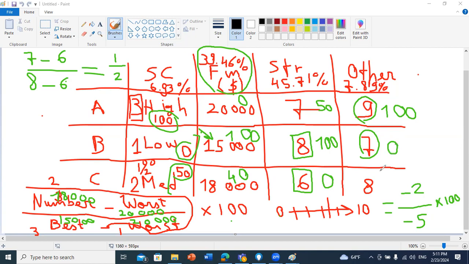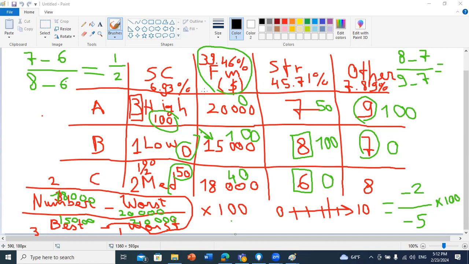And finally, for this one, we will do the number, which is 8, minus the worst case, which is 7, over 9 minus 7. So we got here 1 over 2. Here also it's the same because 8 is directly between 7 and 9.